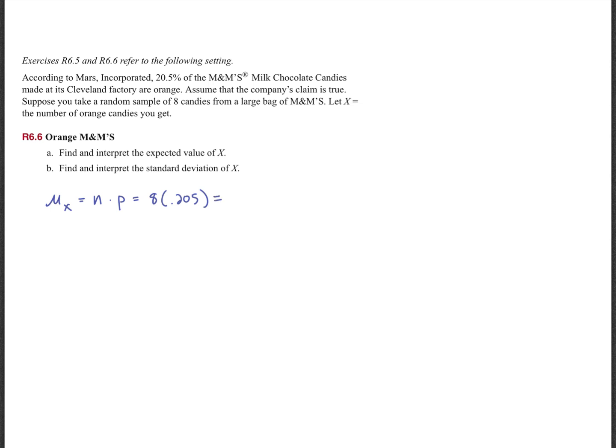In the calculator, this is 1.64. The interpretation would be: if you selected many random samples of size 8, basically replicated this situation, we would expect to get about 1.64 orange M&Ms on average.